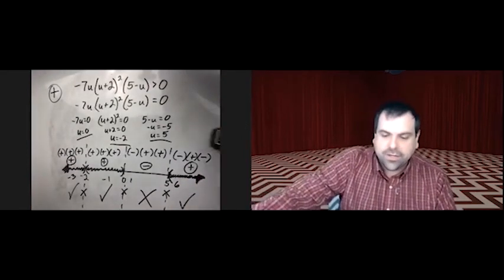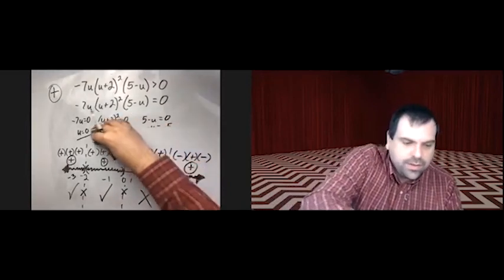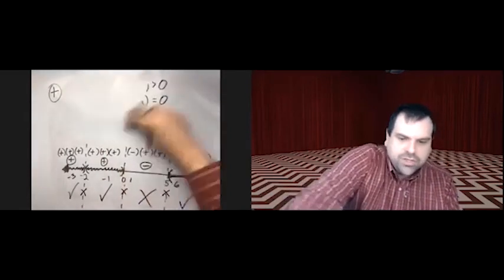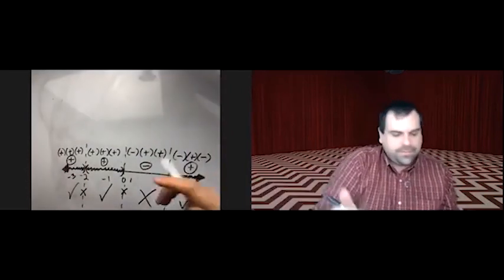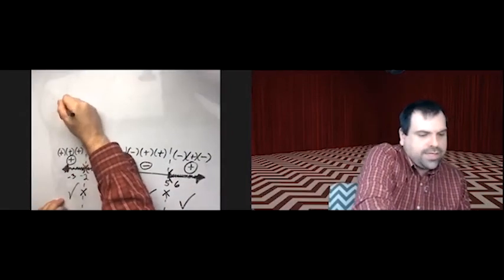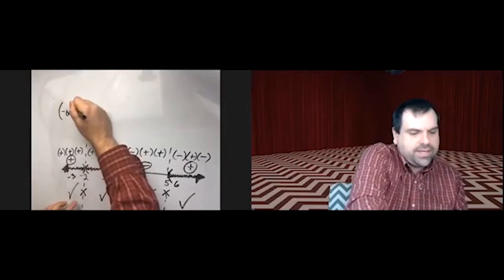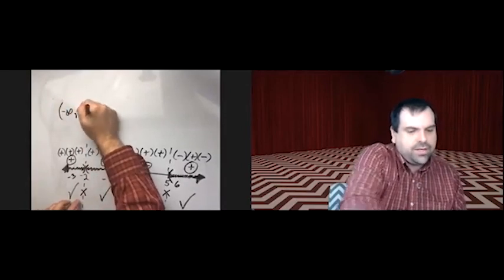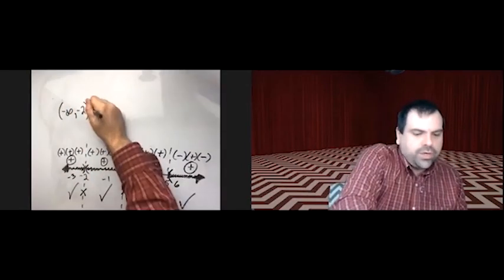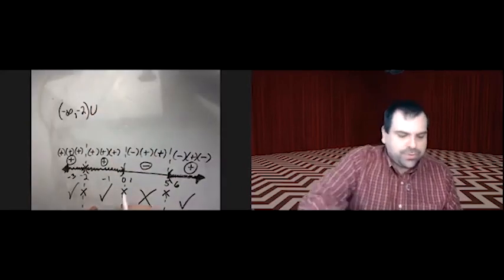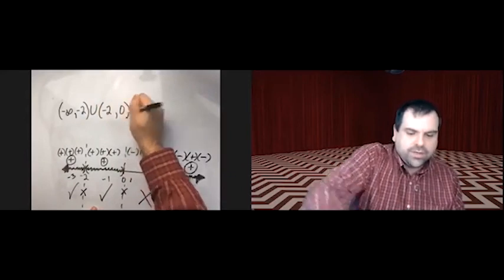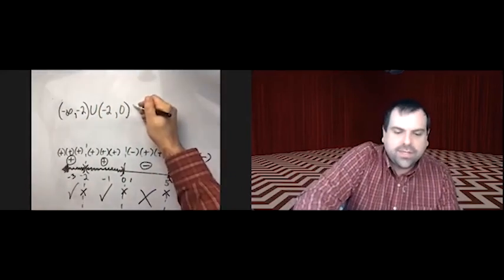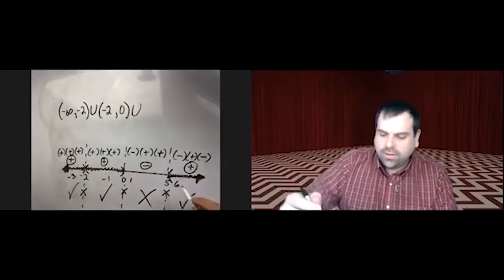So now we have to write this in interval notation. Interval notation to represent sections 1, 2, and 4. Section 1 is negative infinity to negative 2, negative 2 not included. We're unioning that with section 2, negative 2 to 0, neither included. And we're unioning that with section 4.